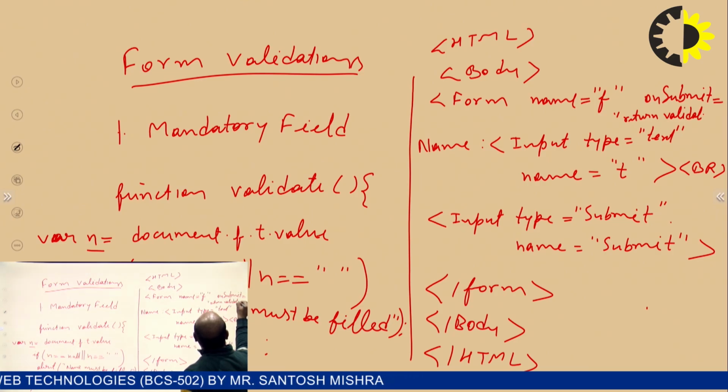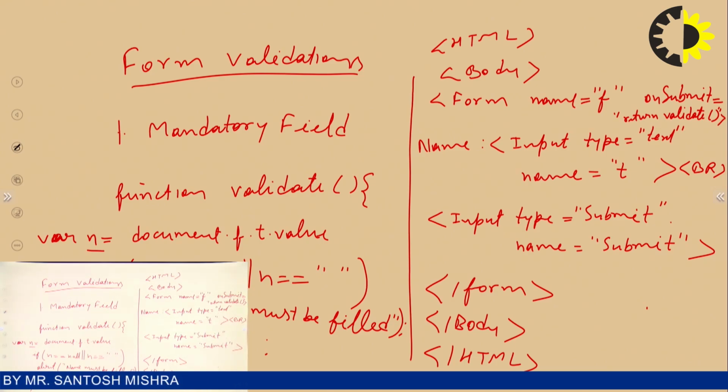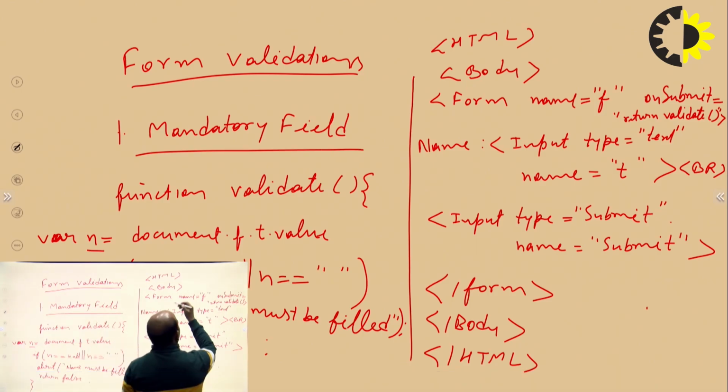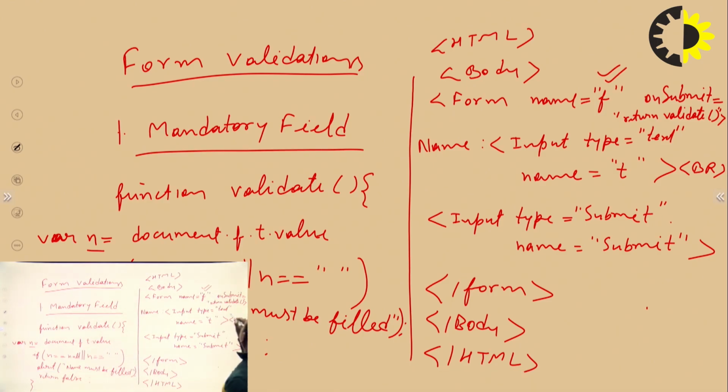I am calling this validate function whenever this form F is submitted. And in this validate function you have accessed the text field value and checked whether that text field is filled or not.